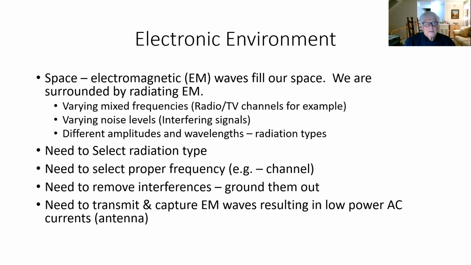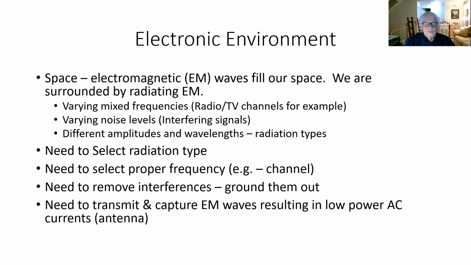And the other thing is that these frequencies have different amplitudes and wavelengths. So the different radiation types, okay. The first thing we want to do is select a radiation type, RF or whatever. Then we select the proper frequency or the channel or channels that we want to pick up.